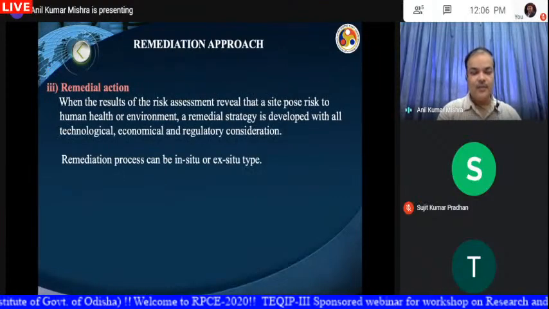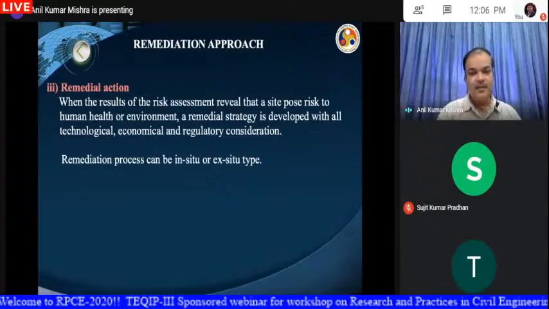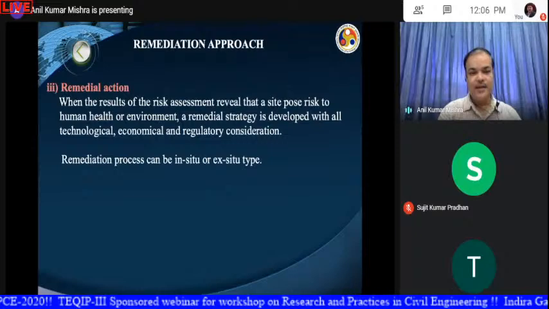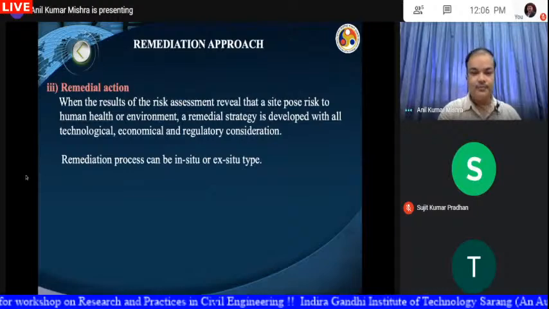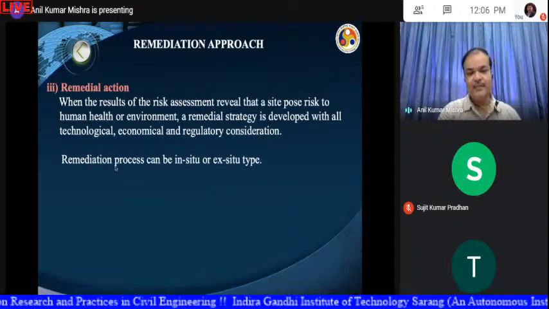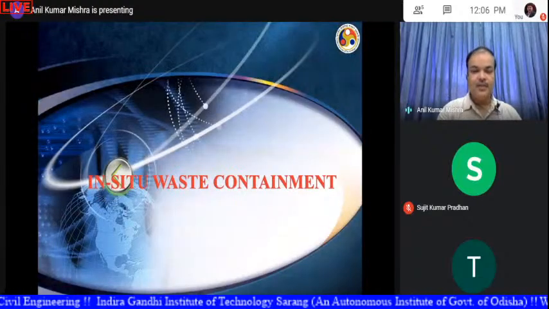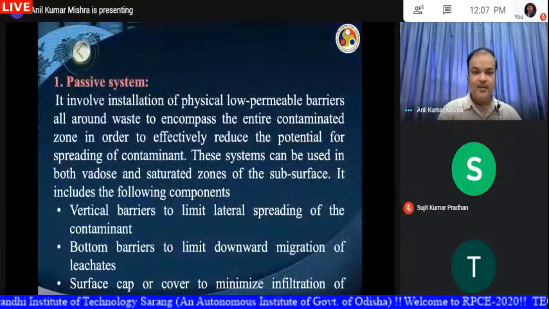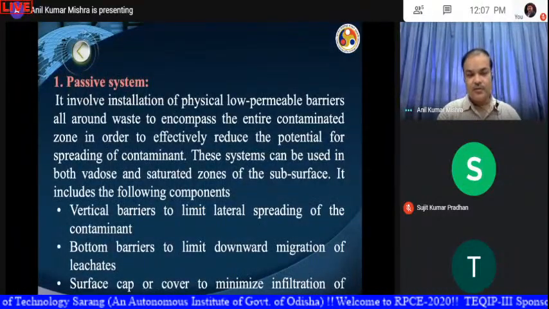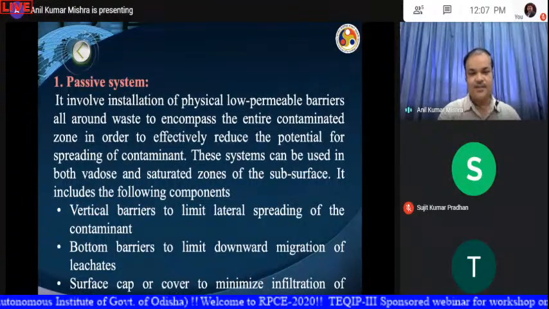Once we know that we have to treat the soil, the next step is deciding the treatment method. So in remedial action, we need to see what kind of treatment method we have to adopt. The remediation process can be in situ or ex situ. In situ waste treatment containment has two systems, one called passive system and another called active system.